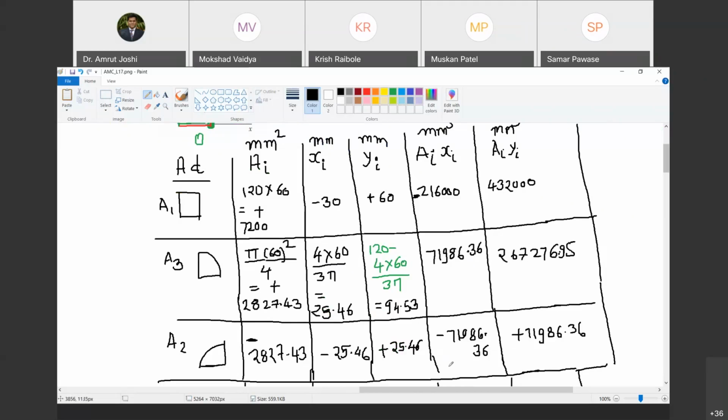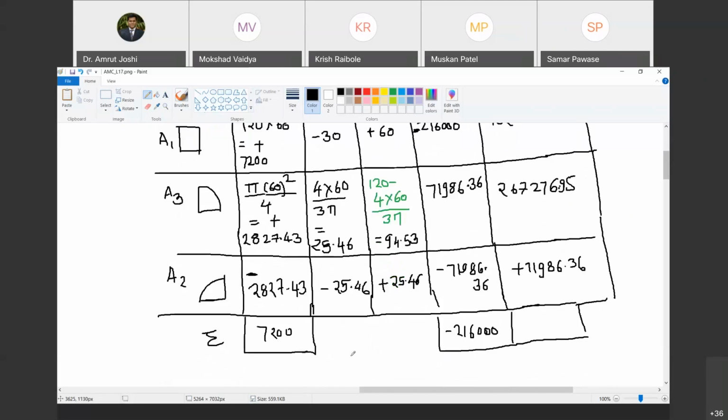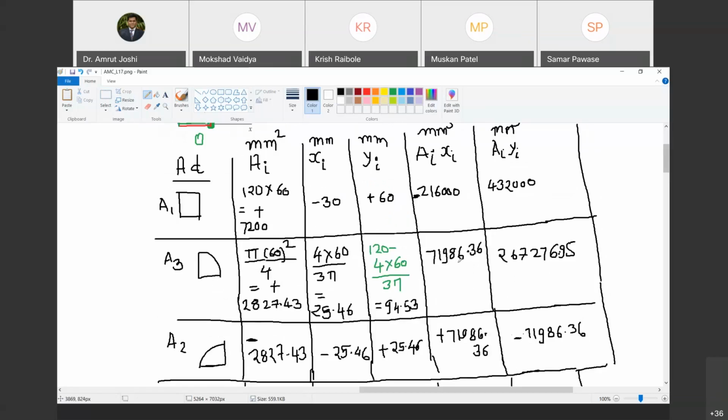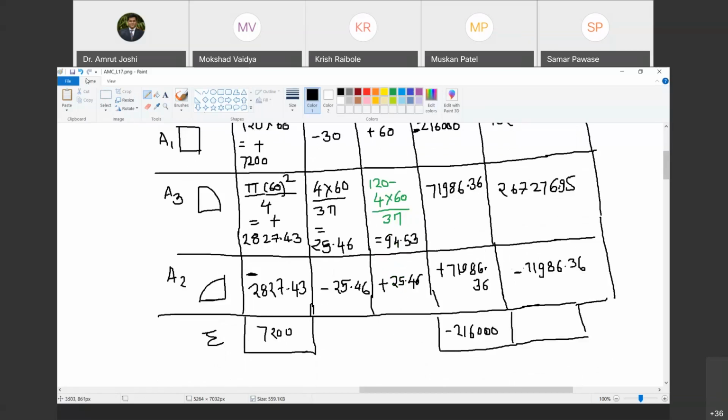Just a minute. Did you notice the mistake, Moksha? Sir, yes. There is a mistake here. Look, negative and negative becomes positive. Right. And negative and positive becomes negative. Are you with me? Yes, sir. So now tell me how much this comes to. It is 71986.36 into 2 minus 216,000. Tell me how much is that.